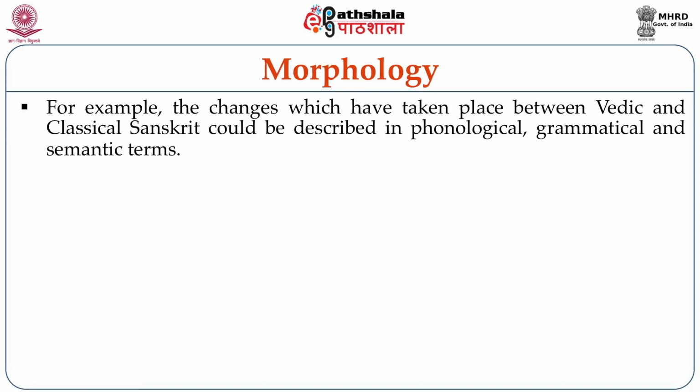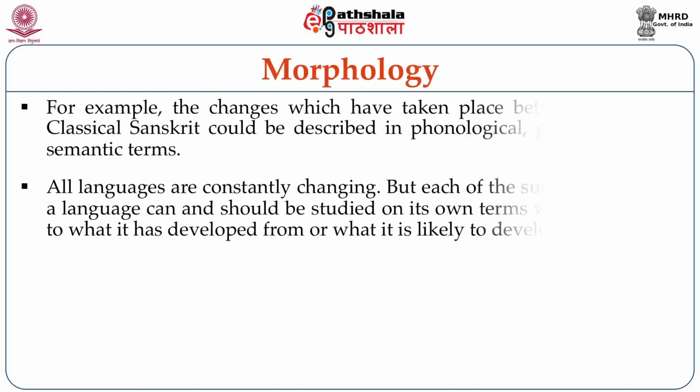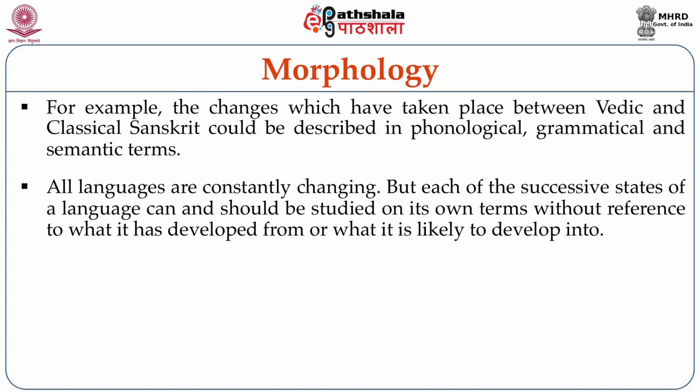The later modules will discuss this. All languages are constantly changing, but each of the successive states of a language can and should be studied on its own terms, without reference to what it has developed from or what it is likely to develop into.